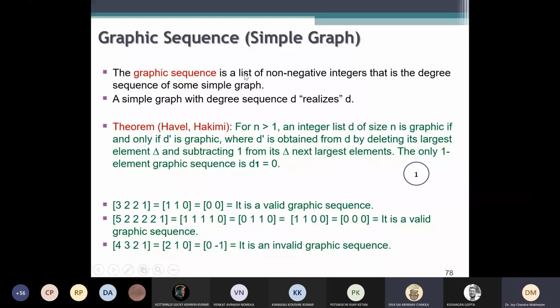So a simple graph with degree sequence d realizes d. This is a kind of thing that is being written now. This is realization.